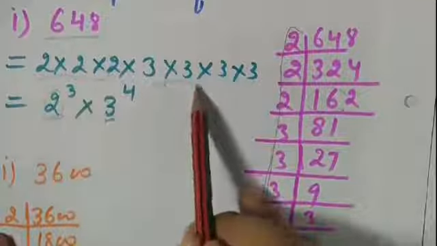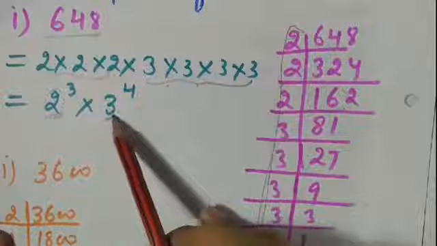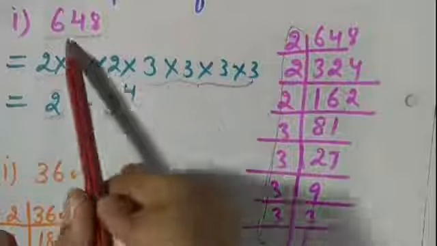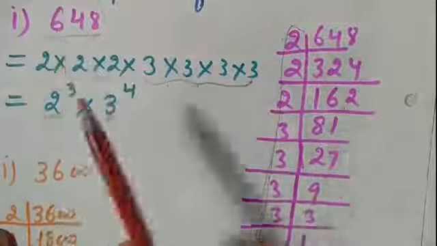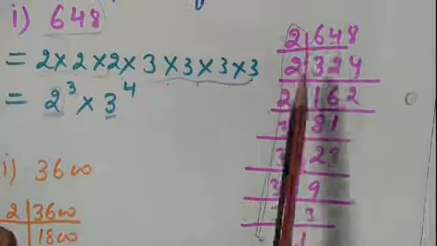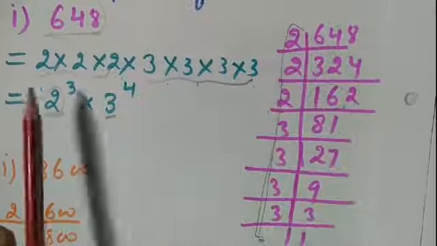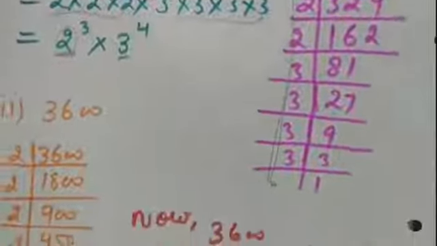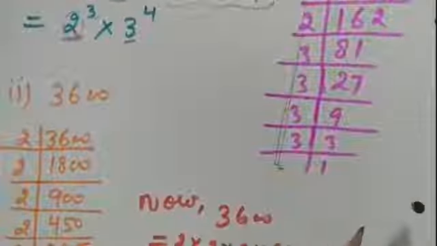Same for this, 3 is multiplied 4 times, so 3 to the power 4. So this is how you can write a given number in the powers of its prime factors. For that you have to take the prime factorization of the given number and then do like this. One more part I am taking, that is part number 2.